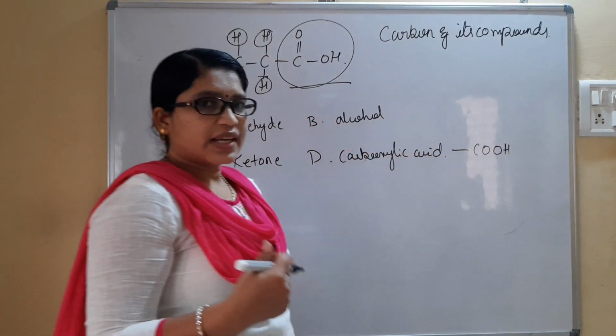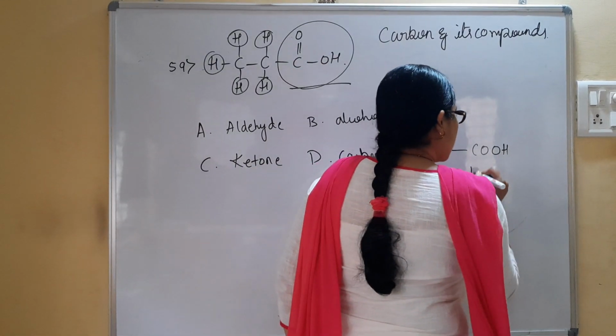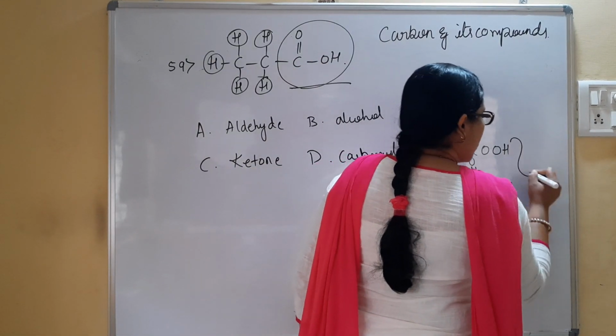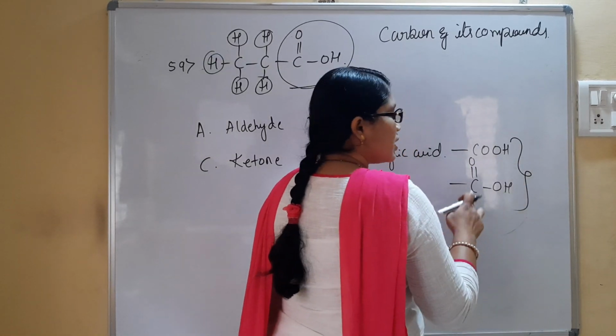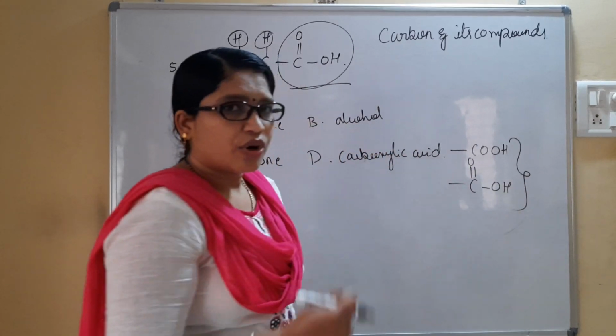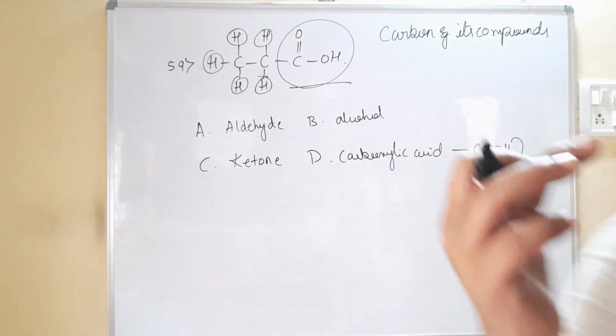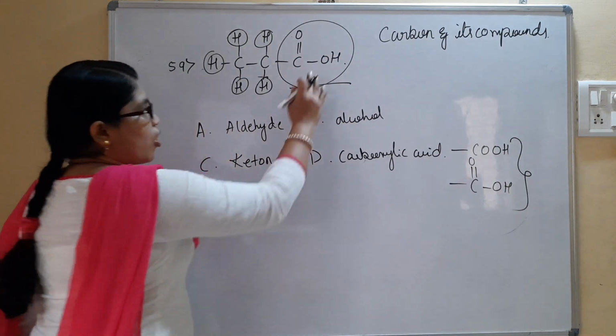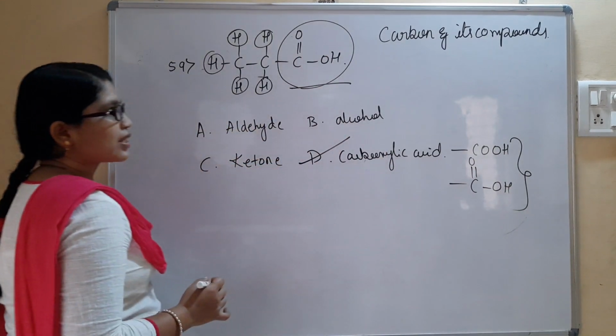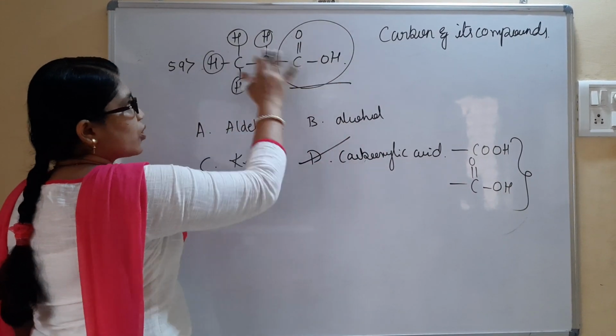Some students will get confused when it is written as C double bond OH, but it is one and the same. We can write COOH as C double bond OH also, in order to satisfy the valency of the oxygen atom. No issue if we write it like this also. So the correct option for this question is carboxylic acid.